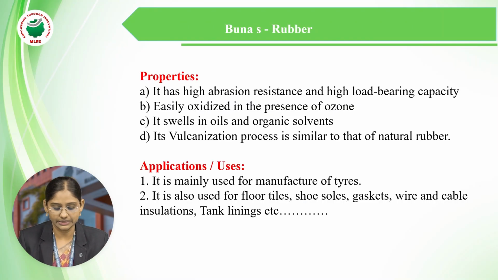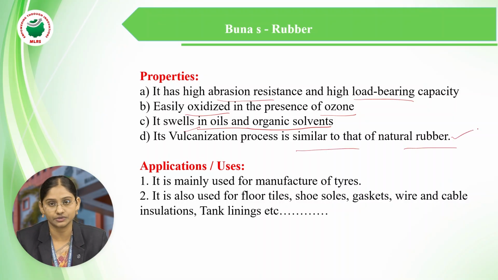Now we'll see the properties and applications of Buna-S rubber. It has high abrasion resistance and high load bearing capacity. It is easily oxidized in the presence of ozone, and it swells in oils and organic solvents when kept in them for a long duration. Its vulcanization is similar to that of natural rubber.